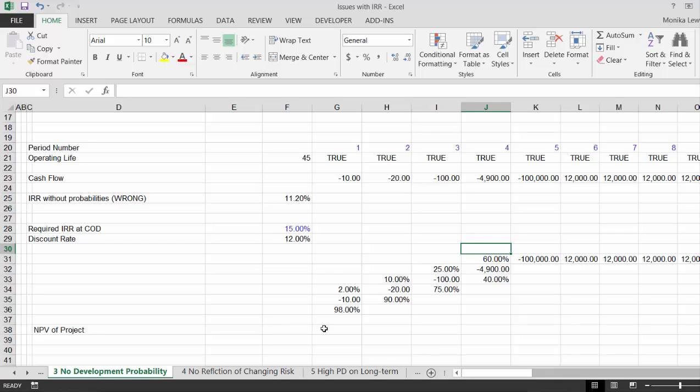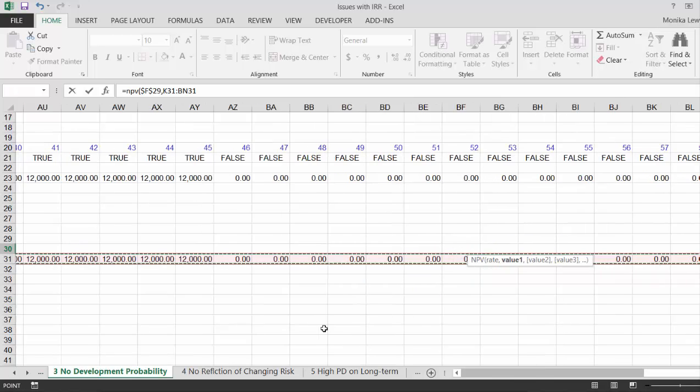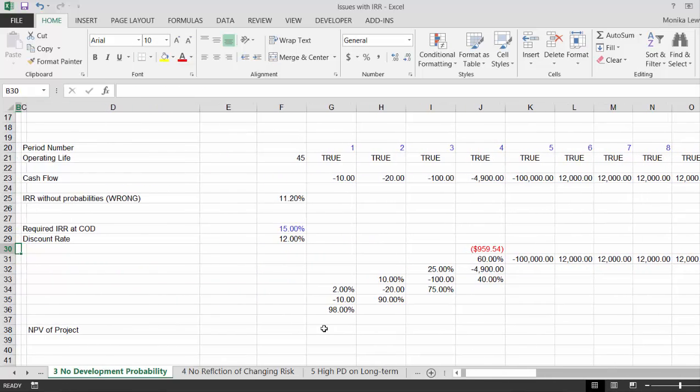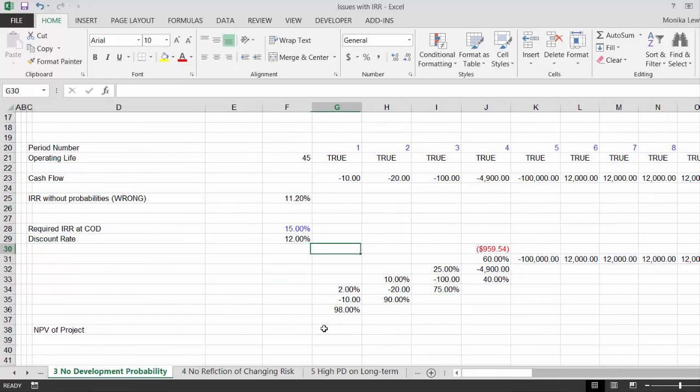So let's put our value on the top, NPV, and use this discount rate, okay, which is bad. We don't even get 12%.